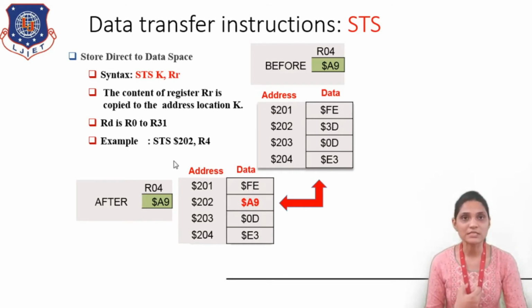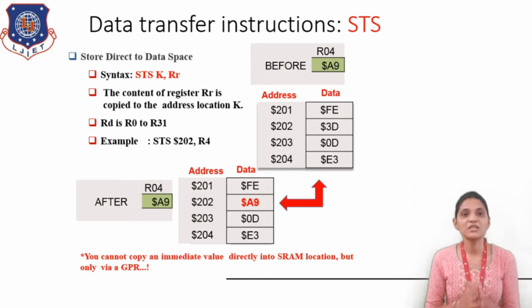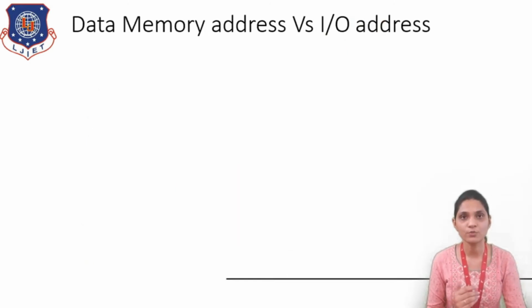So this is the data transfer instruction STS. And here also we can't store immediate data into SRAM, but we can store that immediate data into a general purpose register, and after storing into the general purpose register, we can use this instruction to store at that particular memory location of SRAM. So this kind of thing is also possible.